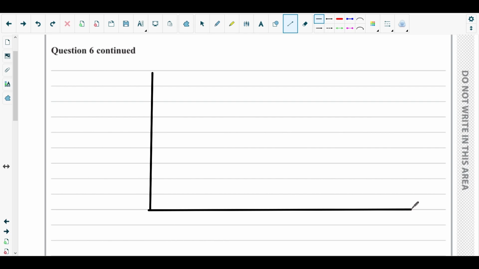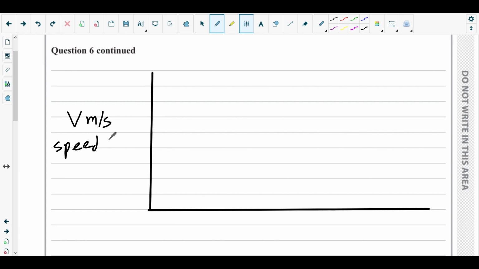Along the y-axis it is speed, v meter per second, and along the x-axis it is time. The initial speed of the particle was 24 meter per second, right?